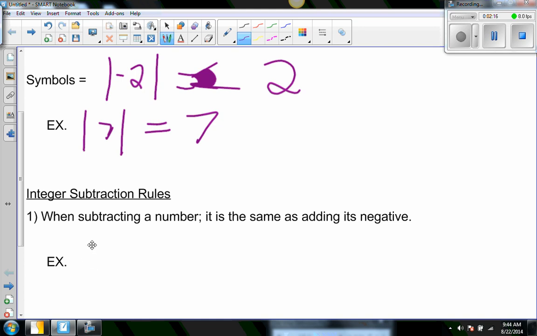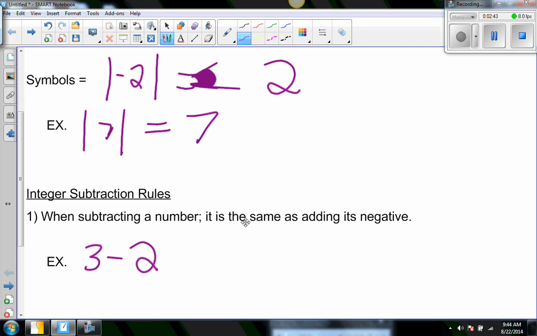Let's say that I have something that you've seen before. 3 minus 2. I think we all know that that's 1. But if we use this rule, it says it's the same as adding its negative. So when I have subtraction problems, I change it so that it's not a subtraction problem anymore.